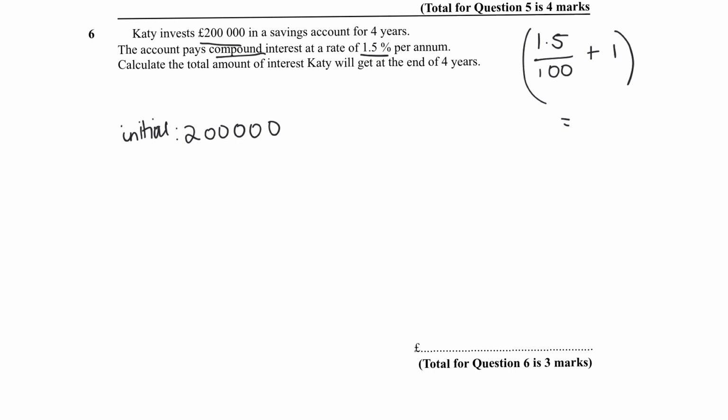By doing that in your calculator, that would leave you with 1.015. Then multiply the initial value by that, and then your number to the power of that number depends on how many years you were saving for. So if it's for 4 years, it will be to the power of 4.